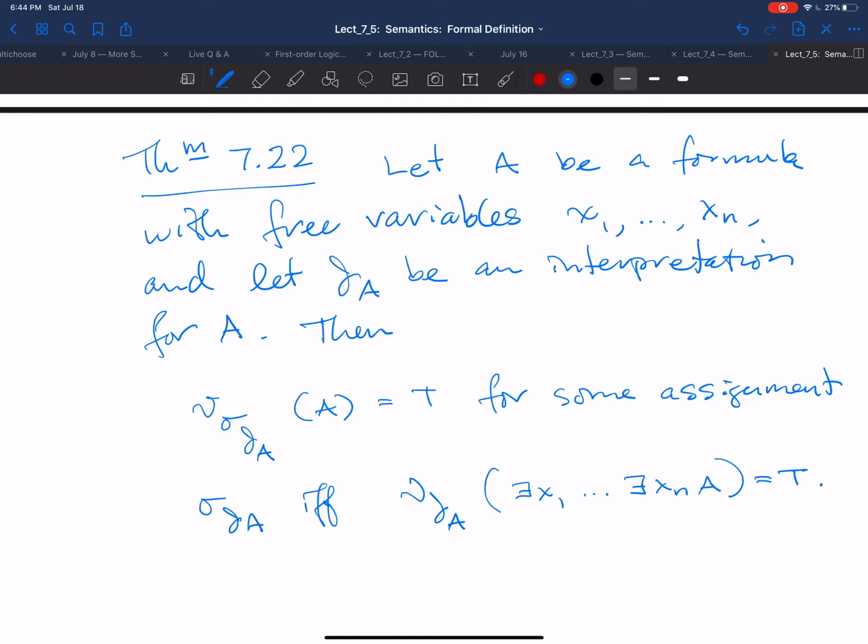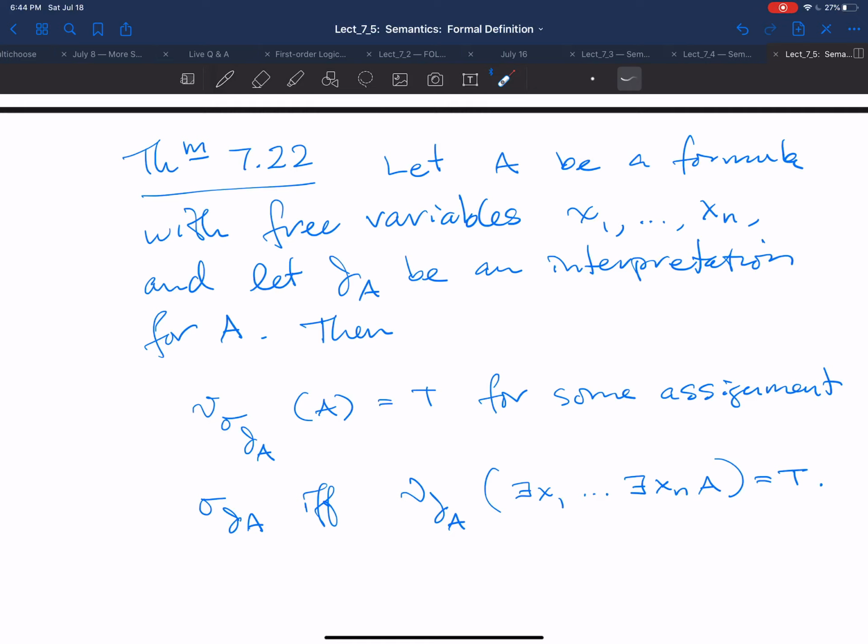Our formal semantics says that this existentially quantified formula will have the truth value t if and only if there are elements of the domain to which we can assign these free variable symbols that make the formula A come out to have the truth value t. But that is precisely what we're saying here.